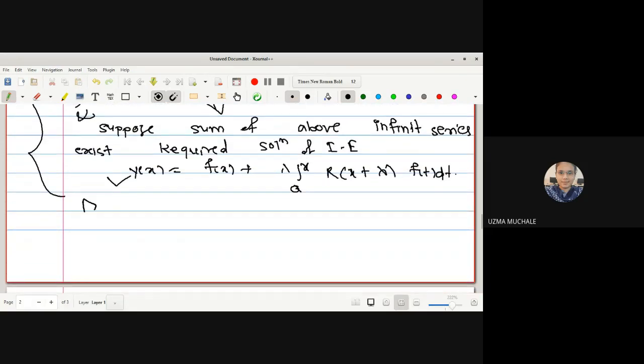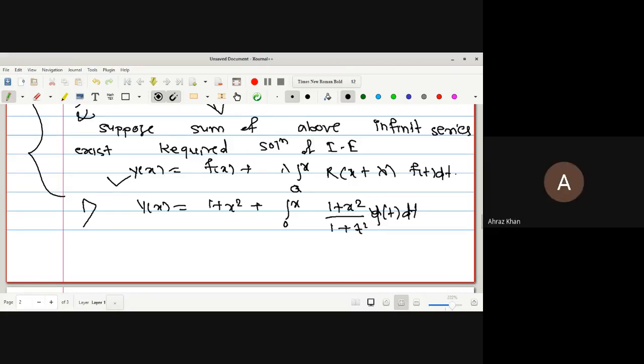So write the first example for this method. y of x is equal to 1 plus x square plus integration 0 to x of (1 plus x square) divided by (1 plus t square) y of t dt. Have you written the equation? You can verify by comparing with our equation 1.